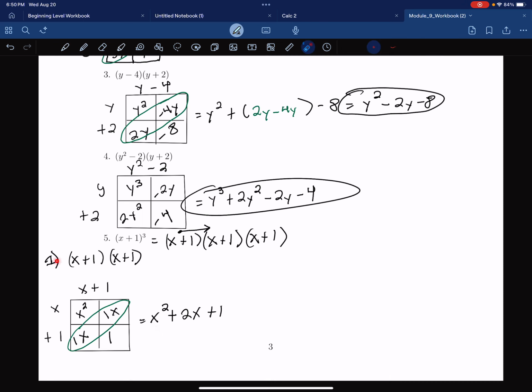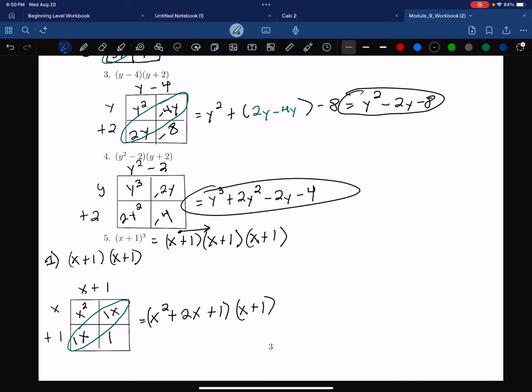But remember, this is just x plus 1 times x plus 1. So this equals the same thing as this, right? So because this polynomial here equals this polynomial here, we can take this and multiply it by the last x plus 1 that we have.